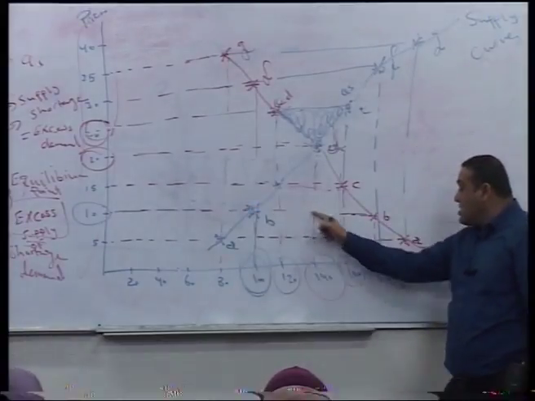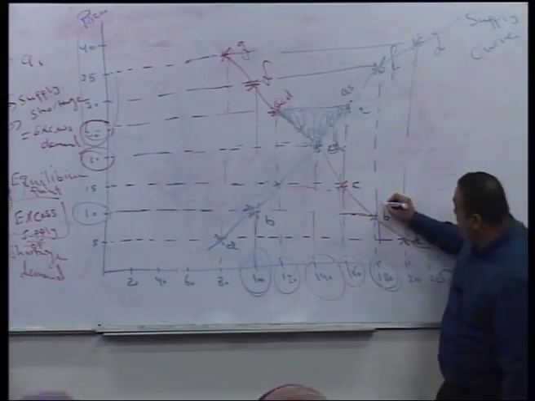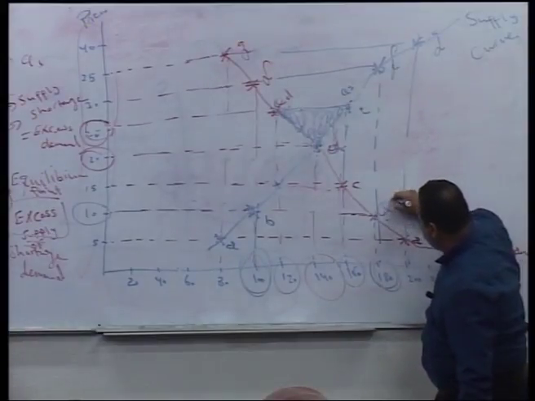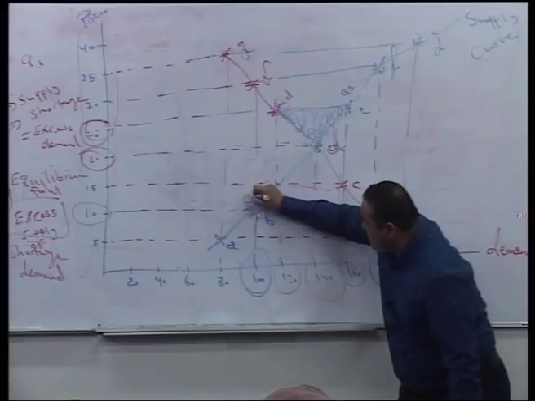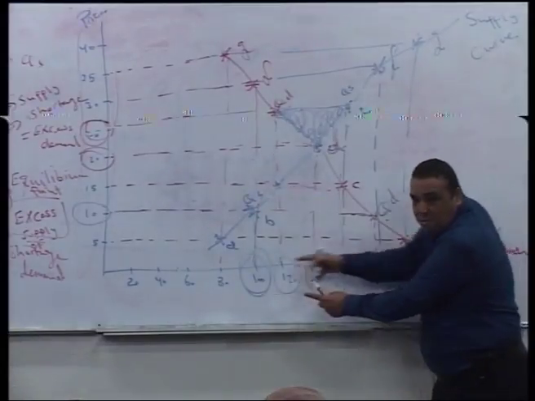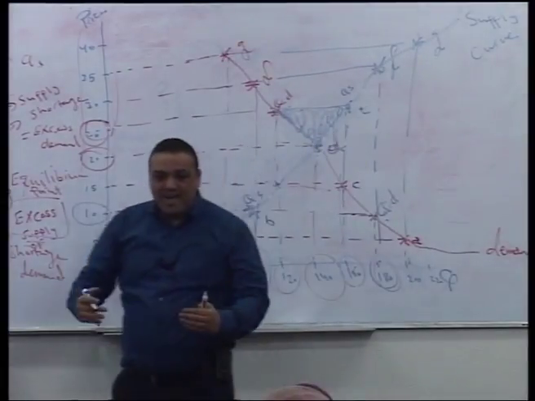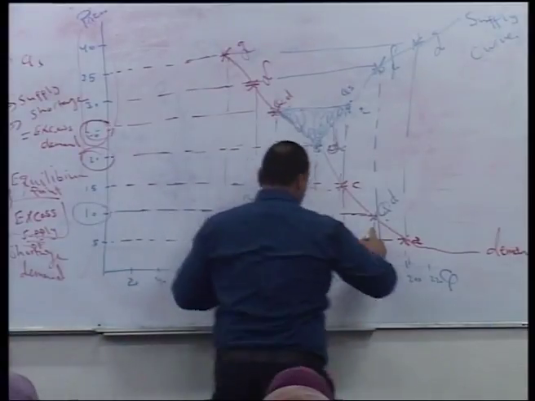But how much is the quantity demanded? 180. So here is the quantity demanded, and here is the quantity supplied. Quantity demanded is bigger than the quantity supplied.